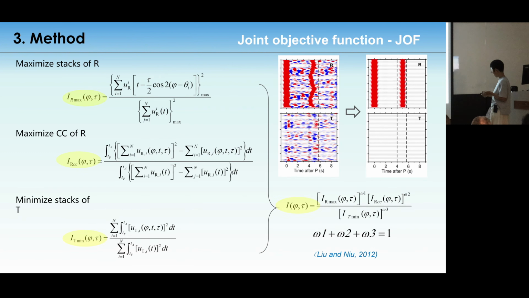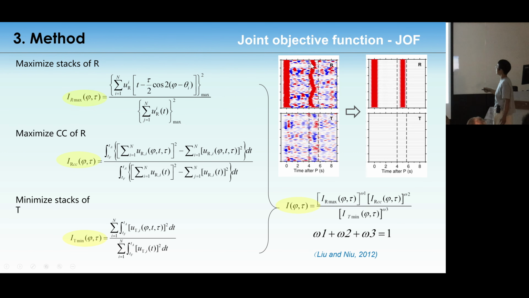So to utilize this harmonic feature of the PMS to extract crustal anisotropy, Liu and Niu developed a joint objective function method. Here I call it JOF.